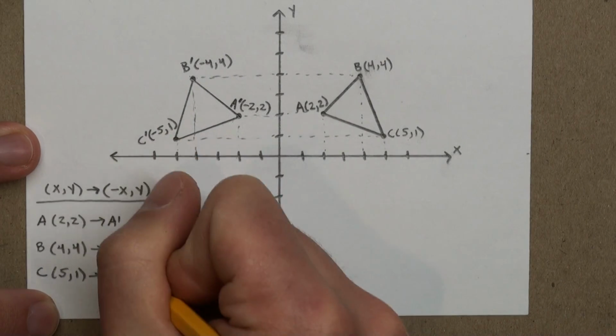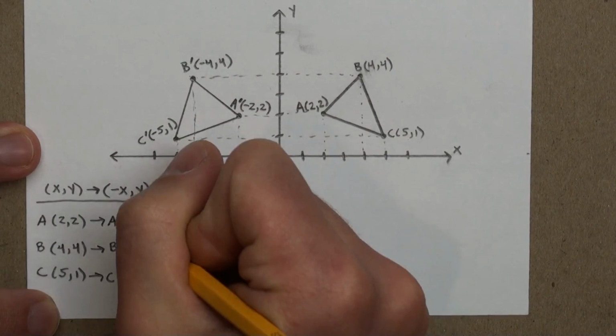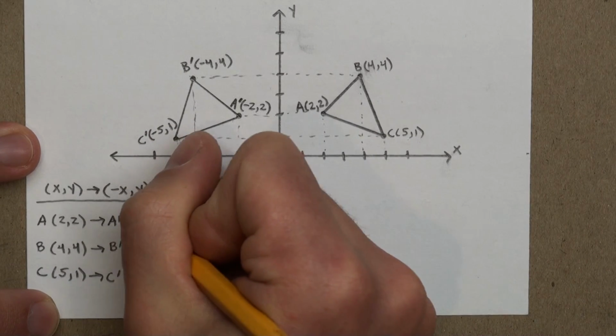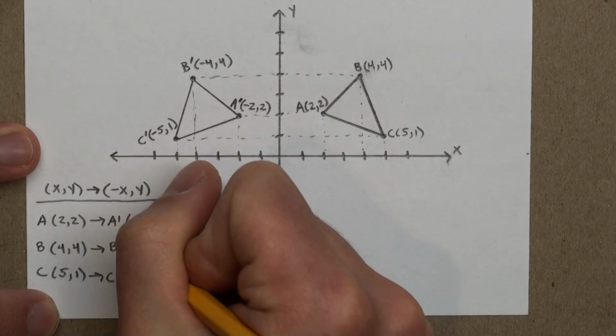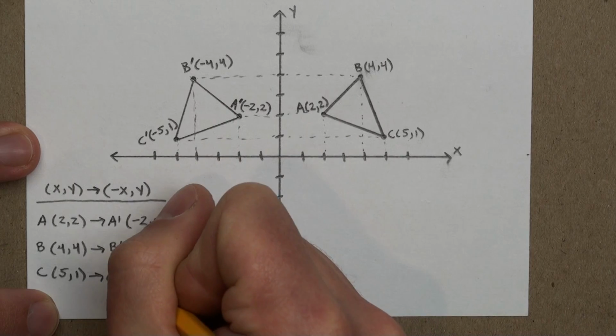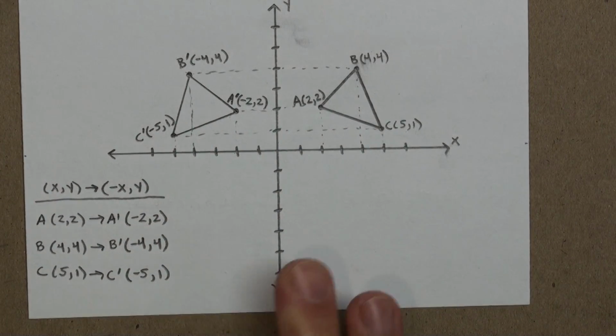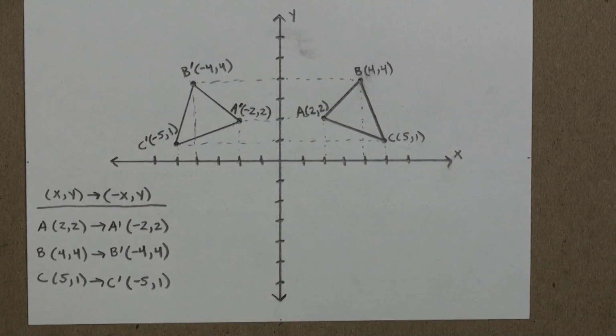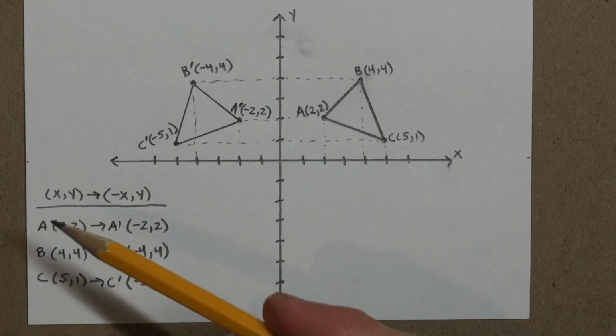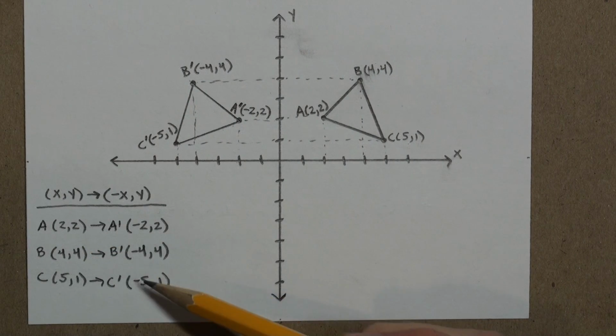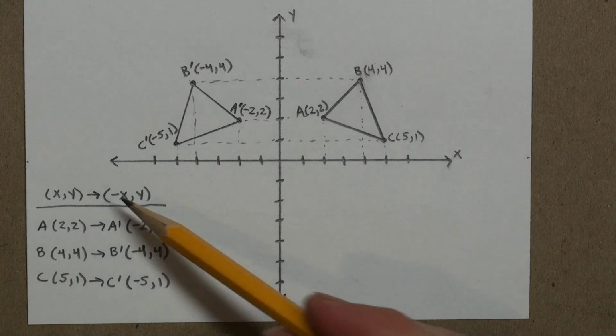And we got an A prime, a B prime, and a C prime. A prime became negative 2, 2, B prime negative 4, 4, C prime negative 5, 1. Okay? So all we did is change the sign of x. Keep in mind that if x was negative here, it would have become positive. This means change the sign of x.